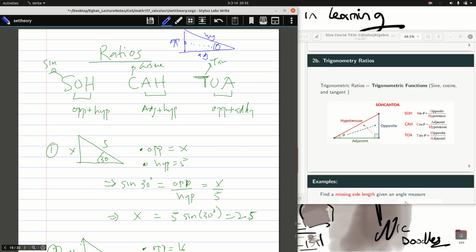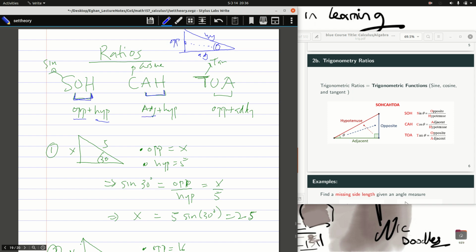To make life easier for us, we are used to this acronym called SOHCAHTOA. I'm sure it rings a bell. So SOH: S for sine, the O and H mean for sine you look for opposite and hypotenuse. CAH: C is the cosine.